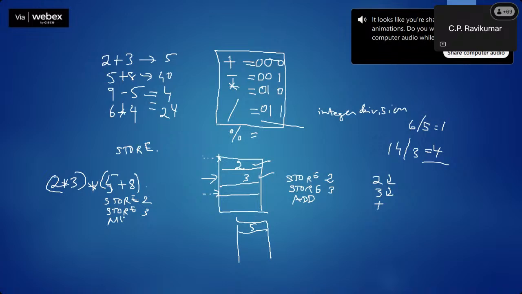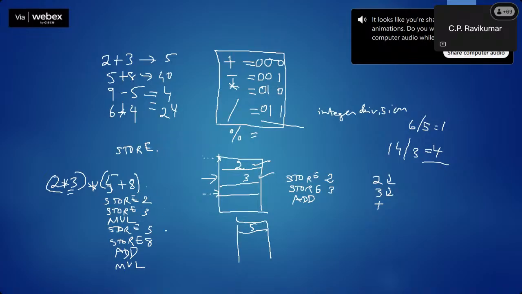Oh no, it's multiply. Then store 5, store 8, and then add. Okay. Then finally multiply.